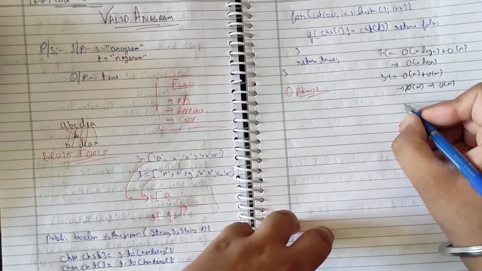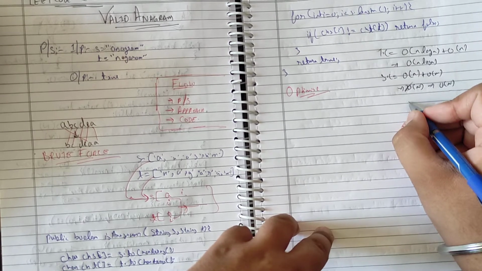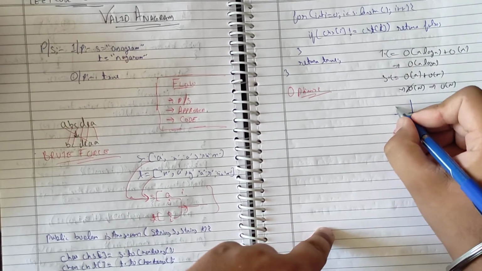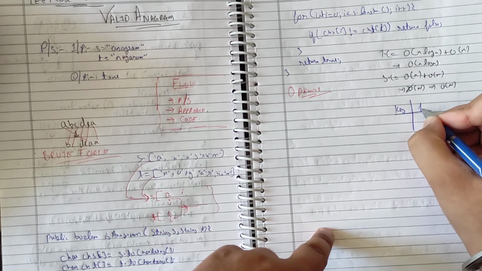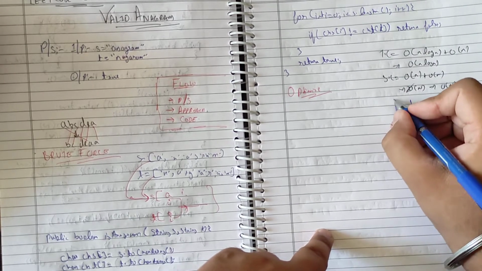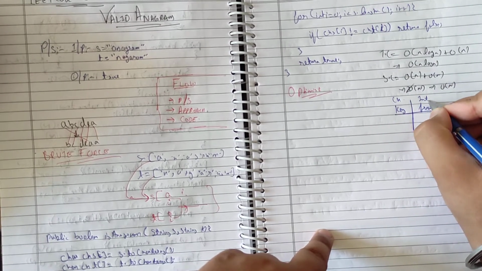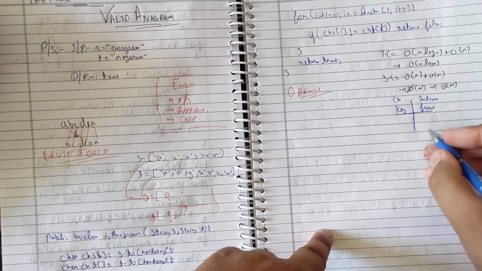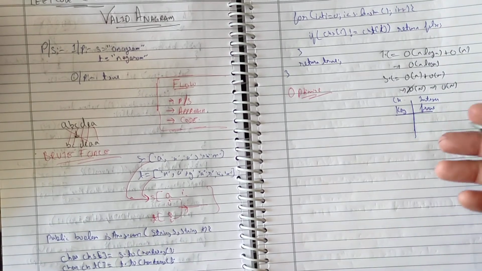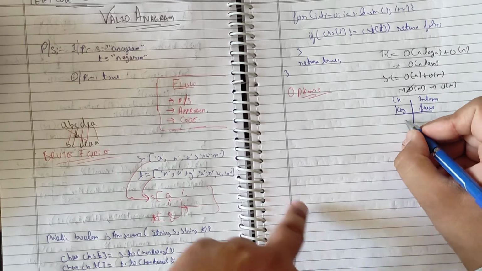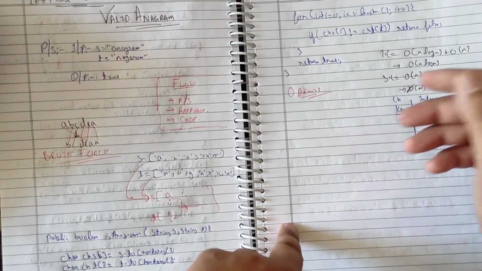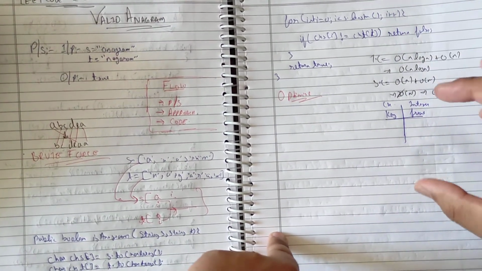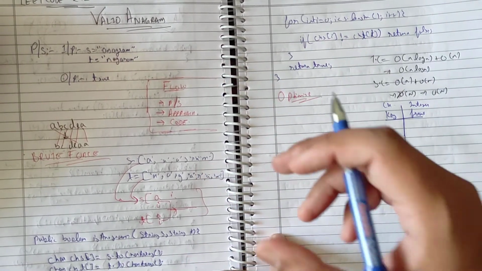Alright, so what I'm gonna do is create a hash map with the key and the frequency. So it will be character and integer, the frequency, like how many times it is coming. For example, I will fill my hash map with my string s.